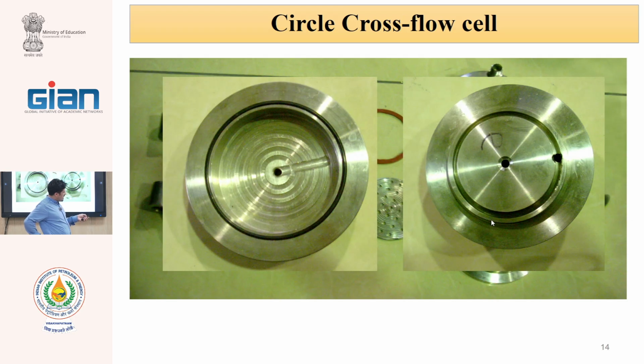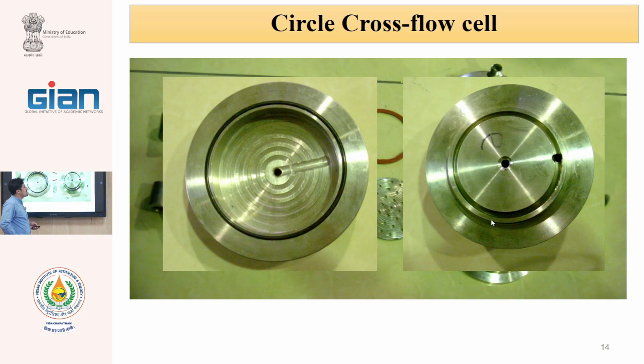But some cells can be prepared in circular form, as seen. In the rectangular, we cut, for example, mostly 4 by 10 centimeters. But in this circular cross flow, we cut as a circle, and here is the entrance of the feed, and here is the exit of the feed as a concentrate. When it enters here, it goes to all of the circle, and from all of the area it can come to this central tube.